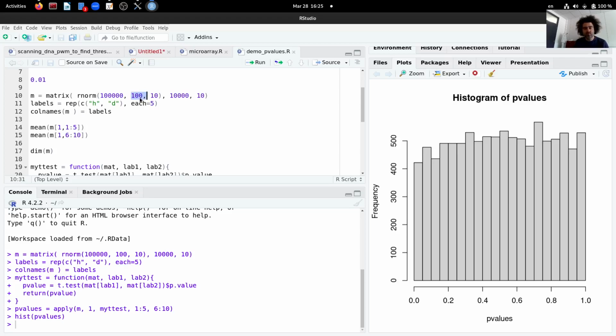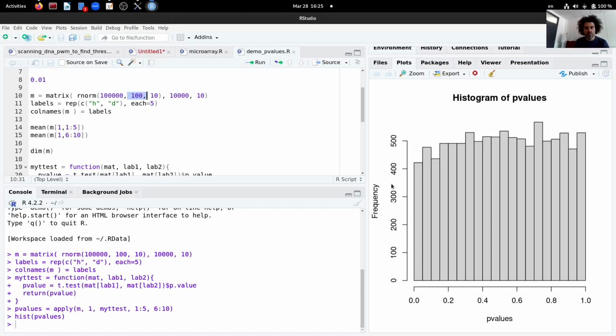So the null hypothesis is correct for all these 10,000 genes, because both the healthy people and the sick people come from a population that has 100 as the mean value.